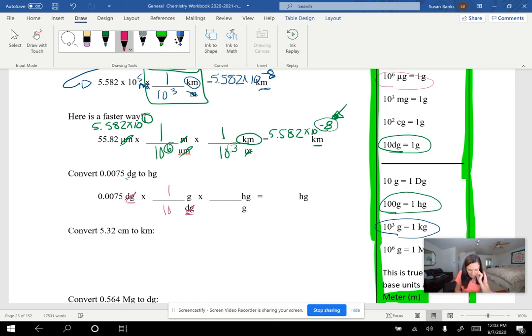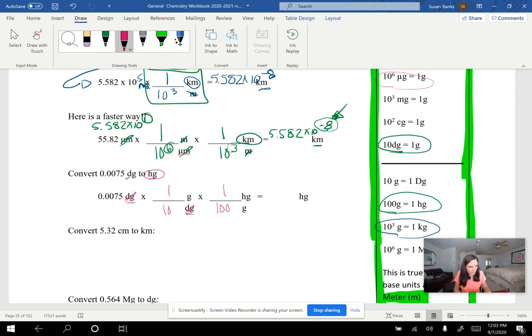My next step, I want my grams to cancel because I want to end up with hecto. So if I look at hecto and gram right here, I have 100 grams in 1 hectogram. So I'm going to take 0.0075 and I'm going to divide it by 10 because that's on the bottom.